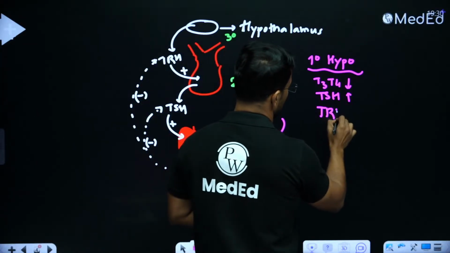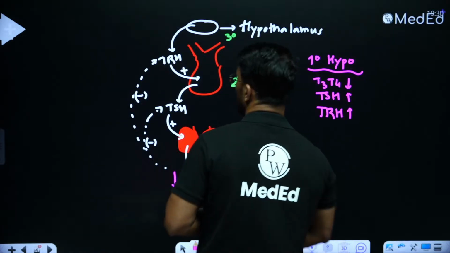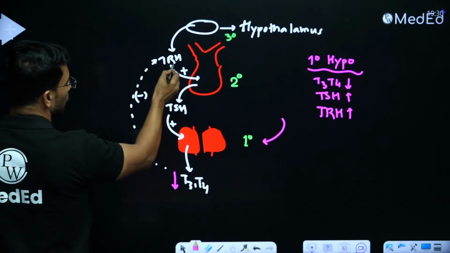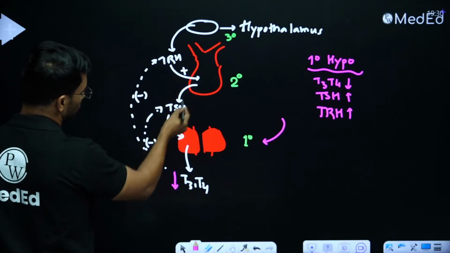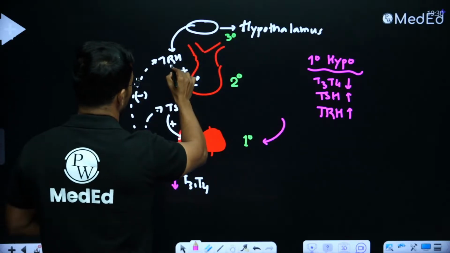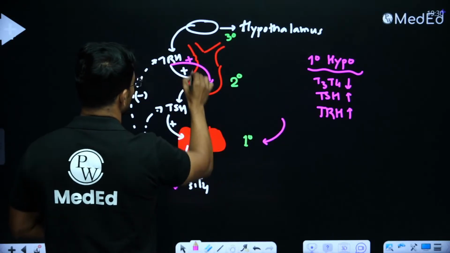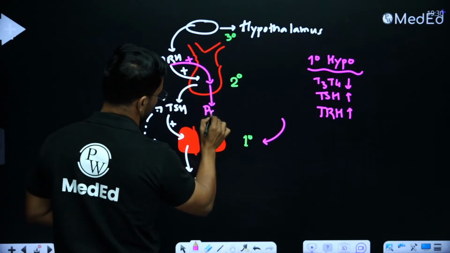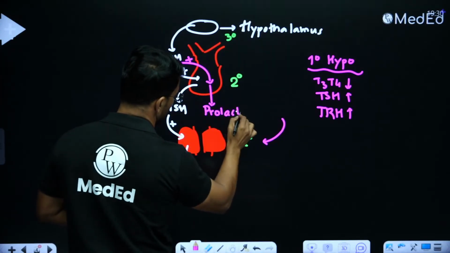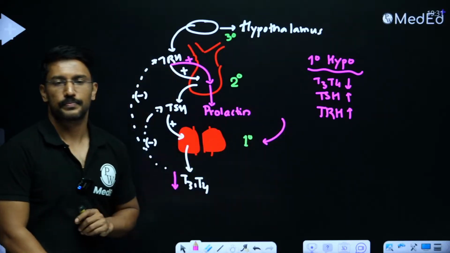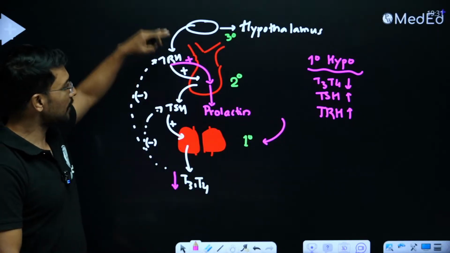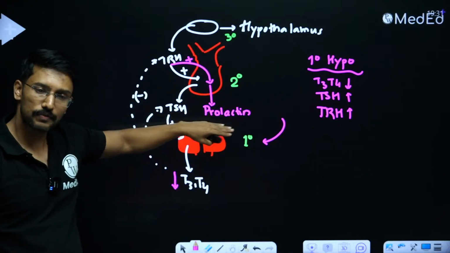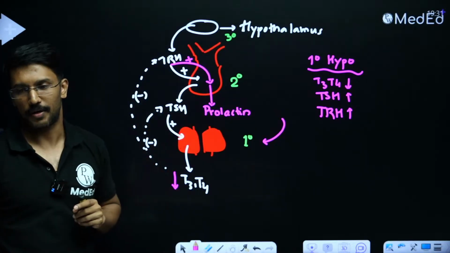And this TRH is not only known to stimulate the pituitary gland to produce TSH. TRH also stimulates the pituitary gland to produce prolactin. So if TRH increases, there is increased stimulation of the pituitary gland and we can have hyperprolactinemia.